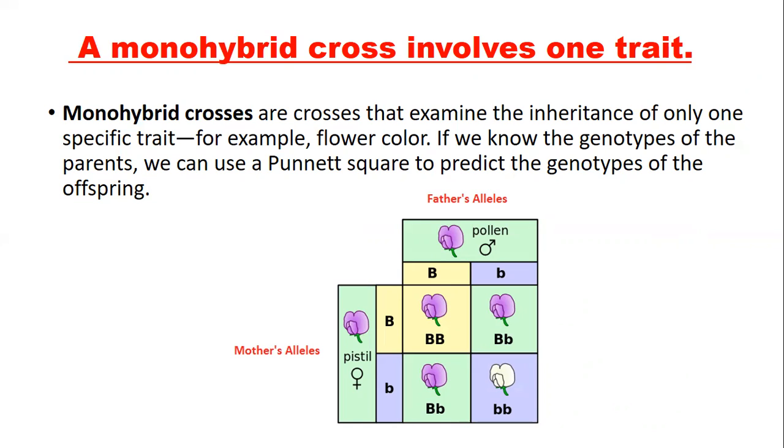For example, if the father has heterozygous alleles, one dominant and one recessive, and the mother as well, we can predict that 3/4 of the offspring will be purple in color, while the fourth, or quarter, of the offspring will be white in color.